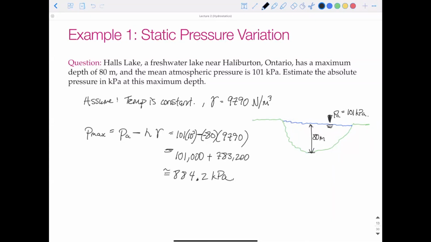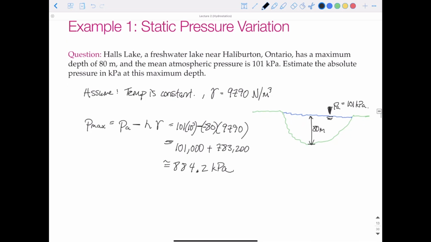So I would prefer to solve using P2 minus P1 is equal to negative gamma times z2 minus z1. Then we can just say P1 is equal to PA and z1 is equal to 0, and z2 is equal to minus 80.